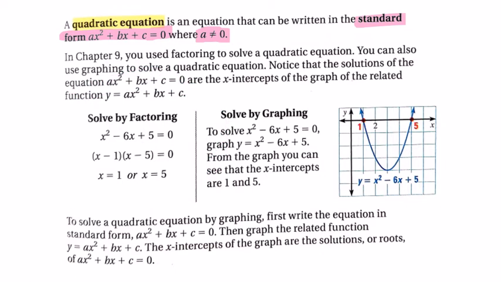And that allows us to find our x-intercepts. And we can solve by graphing by actually graphing the parabola and then seeing where that parabola, once I've graphed it, hits that x-axis, right? And if we're looking at an easily factorable equation, you should be able to see that those values are the same.